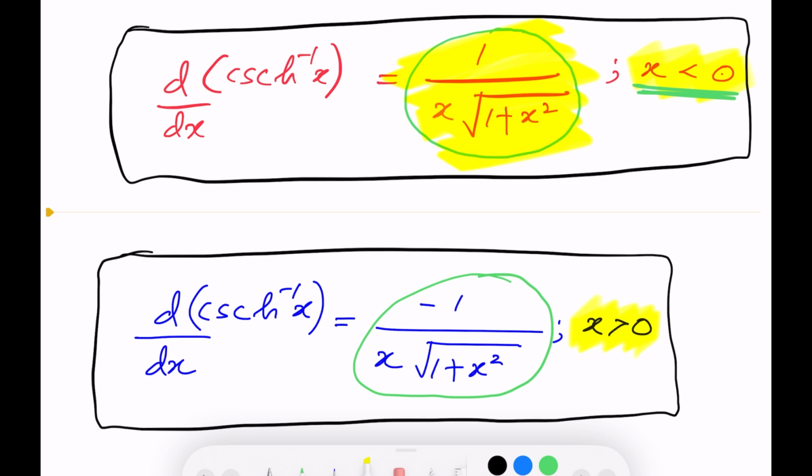If your x is greater than 0, this is going to be a greater than 0 quantity, but all of that function is still negative. Therefore, essentially, if you differentiate hyperbolic cosecant inverse x function, your answer is going to be negative. Therefore, we can combine those two results and write down one nice result.